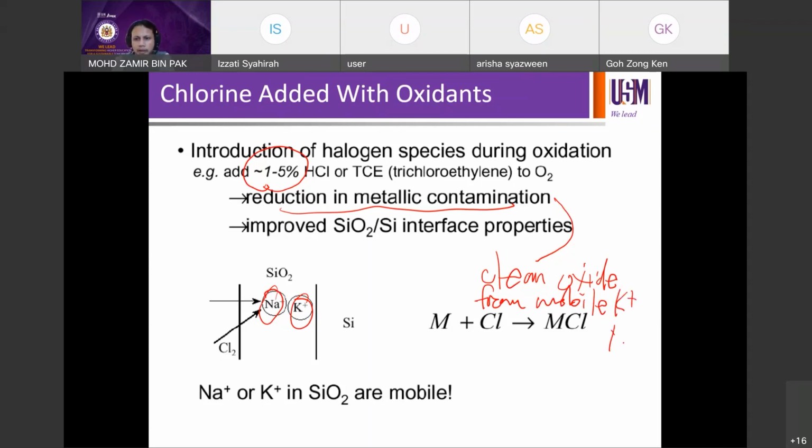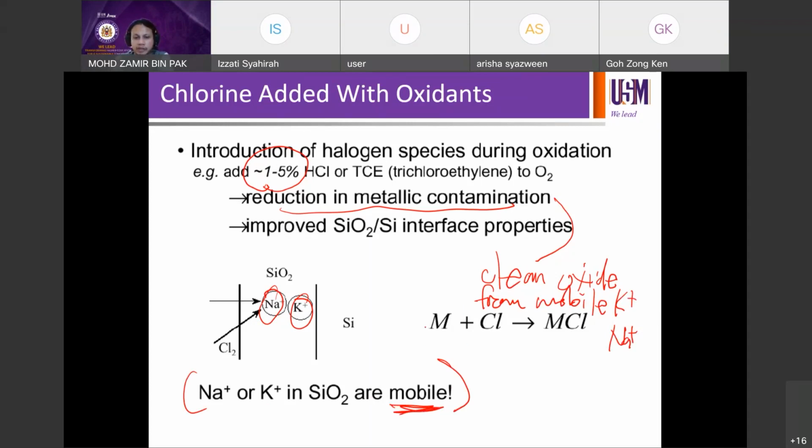K plus and Na plus, right? So note that these sodium and potassium ions are mobile. Okay, and this is very dangerous.